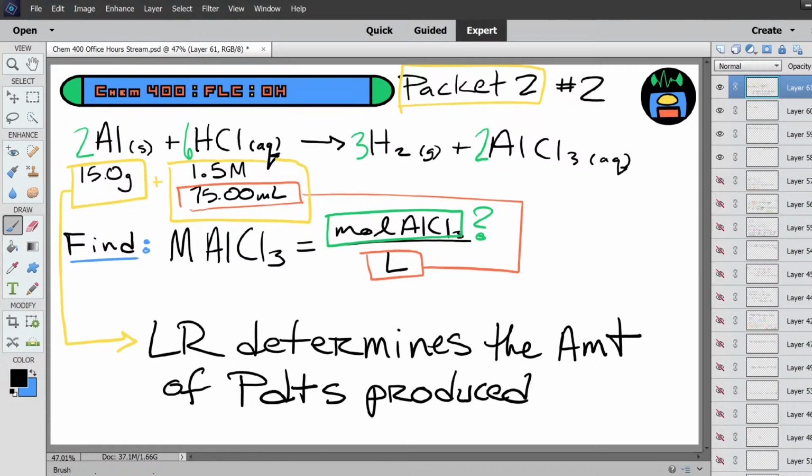The moles of limiting reactant determine the amount of products produced, and aluminum chloride is a product.